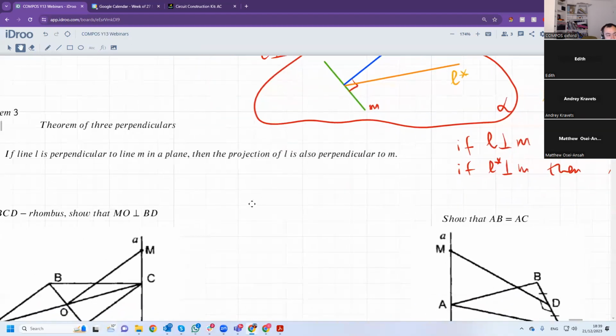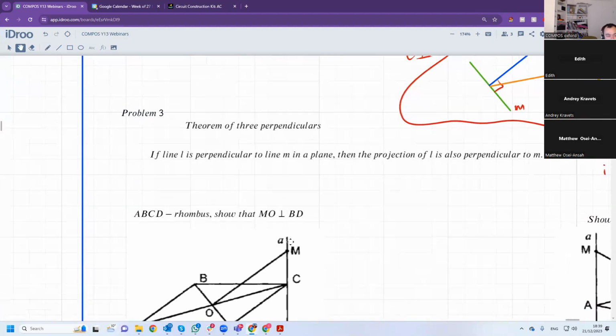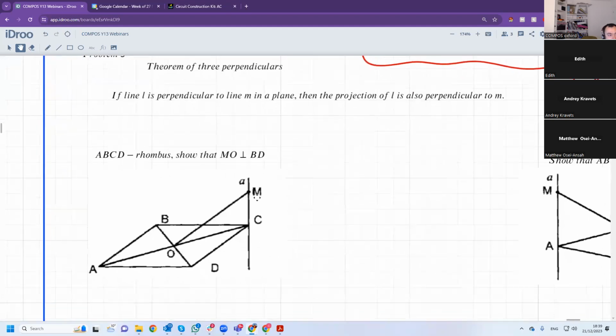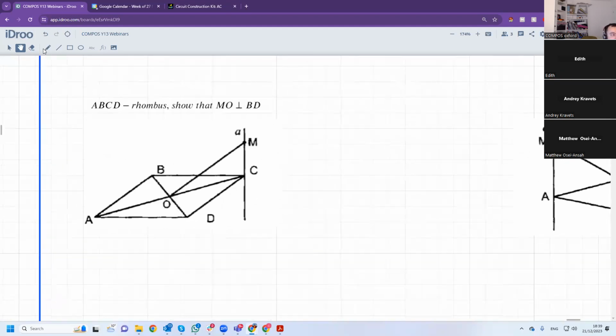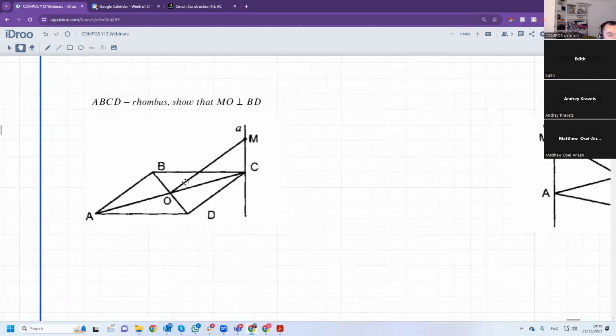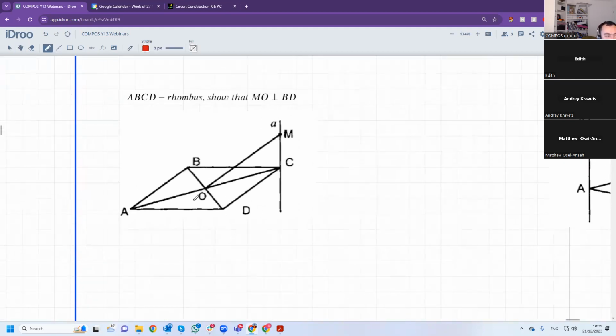Okay, so let's have a look. ABCD is a rhombus. Show that MO is perpendicular to BD. And of course, in all examples, MC is perpendicular to ABCD.